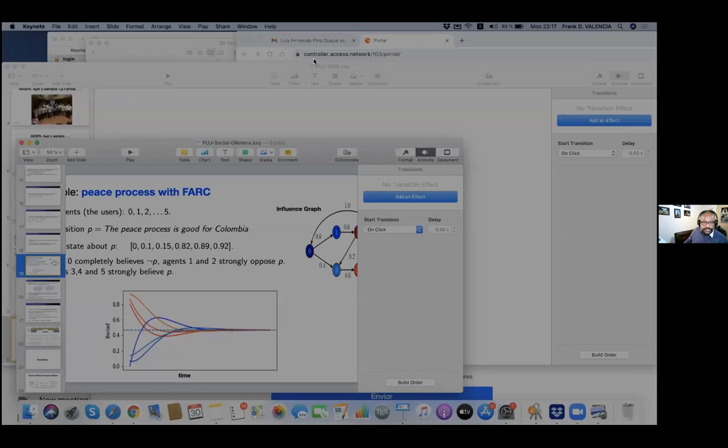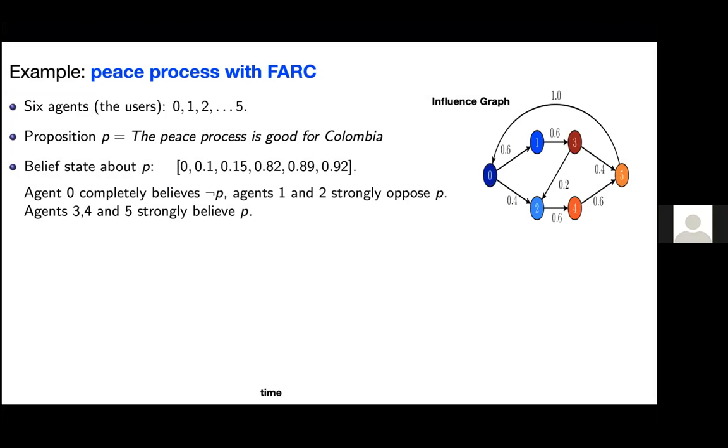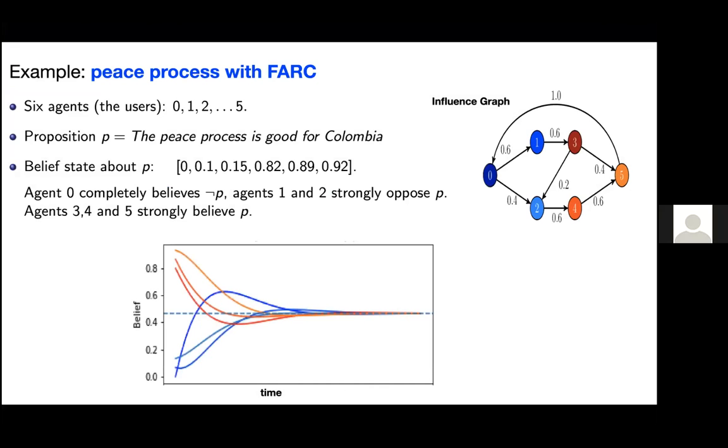This guy here at the end strongly opposes the FARC agreement, right? But he's strongly influenced by number 5. So basically he starts changing his opinion completely because of the strong influence this guy has over him.